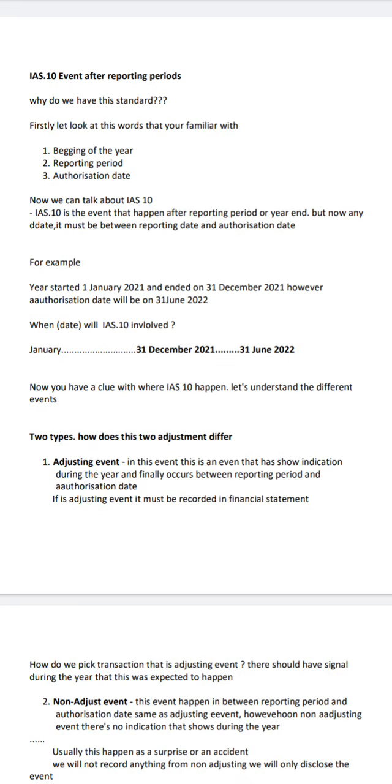I hope now it's clear. If the event happened before the reporting period, that's not IAS 10, which means you have to look at the standard and apply it.